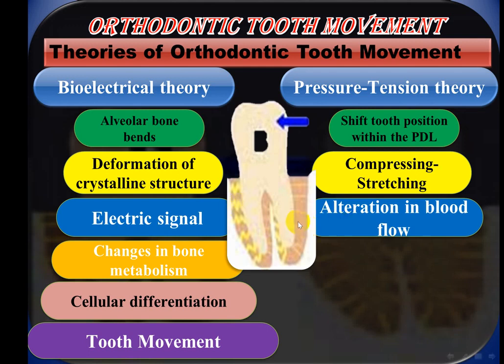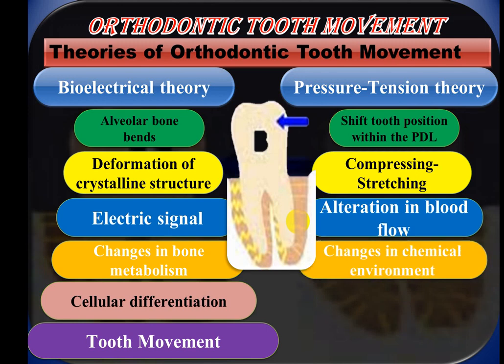While in the tension side, as a result of stretching or tension, there will be a dilatation of the blood vessels, which results in either an increase in the level of blood flow or maintaining the same level. Also, the changes in blood flow result in changes in the chemical environment, like the level of oxygen. The level of oxygen in the pressure side will fall or decrease, while it will increase in the tension side.